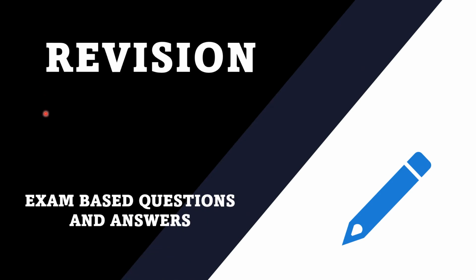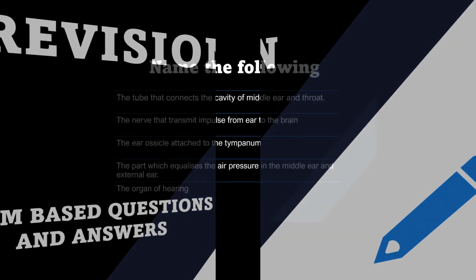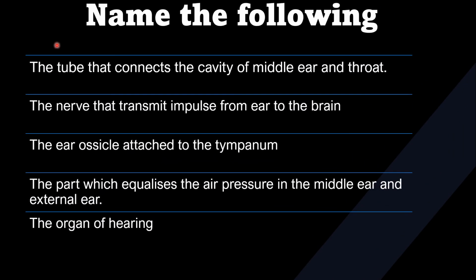Revision, exam-based questions and answers we are discussing here. First one, name the following. The tube that connects the cavity of the middle ear and the throat is the eustachian tube. The nerve that transmits impulse from the ear to the brain, auditory nerve.